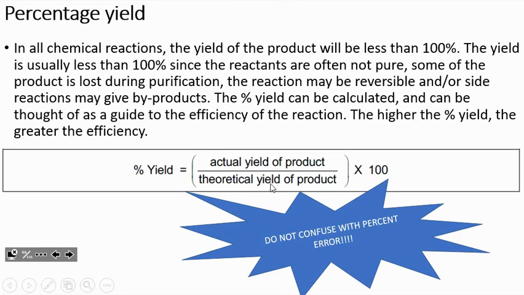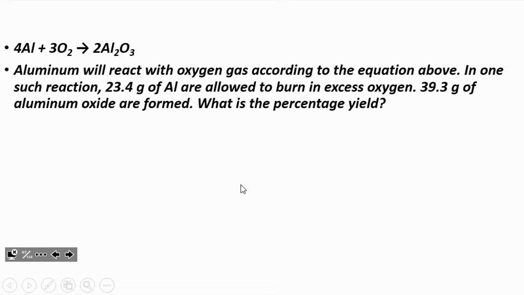This theoretical yield is always what we calculate in our BCA tables. Do not confuse percent yield with percent error. Percent yield is actual over theoretical, and we don't subtract, we don't do any of that stuff. The actual amount should be less than your theoretical amount.